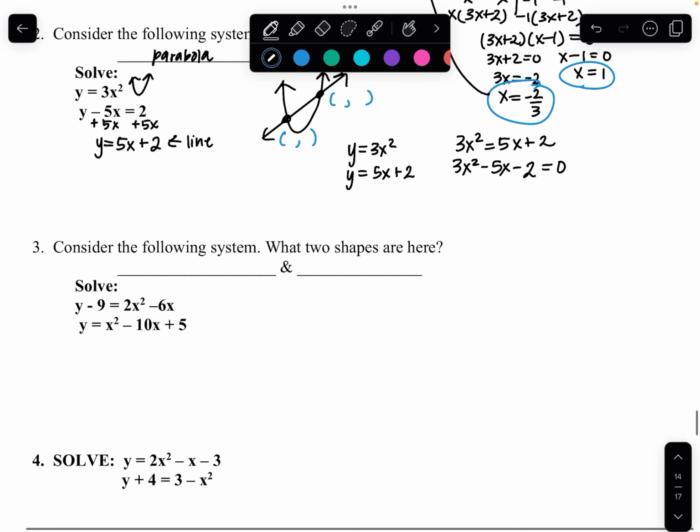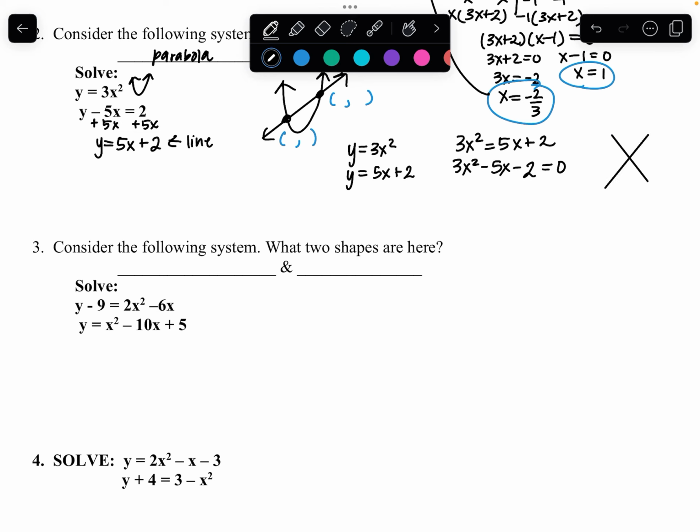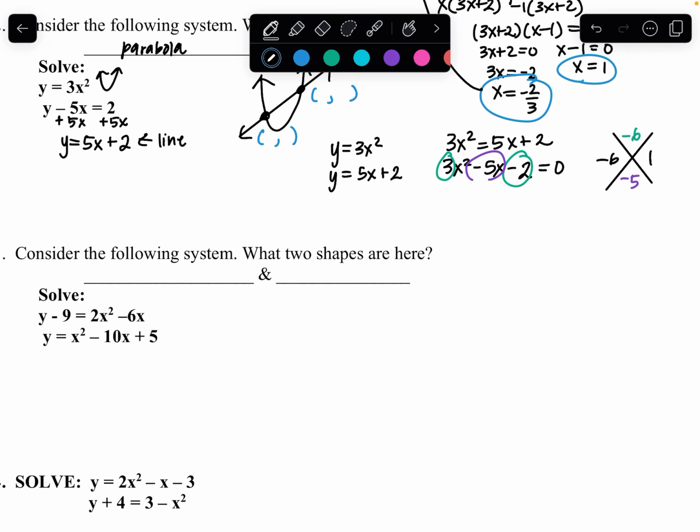And so to factor this, I need two numbers that multiply to negative 6, a times c, but add to b, which is negative 5. And so we would want negative 6 and positive 1 here to multiply to negative 6, but add to negative 5.